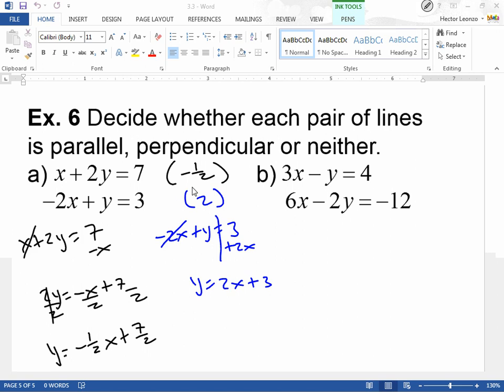And the other thing, they have to be reciprocals of each other. 1 over 2, remember reciprocals when you flip the number? So 1 over 2, if you flip it, gives us 2 over 1, which is basically 2. So notice there are two things: different signs, and they are reciprocals of each other. So my answer for this is perpendicular.